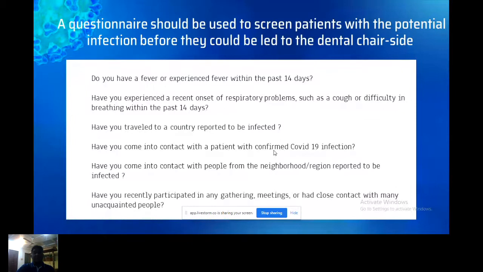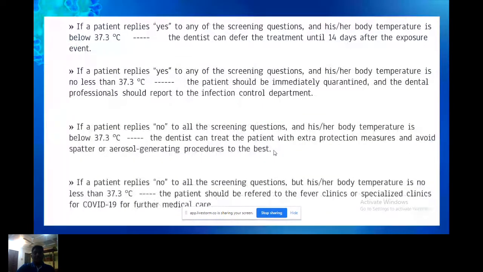This is a questionnaire which should be sent to the patient. You will have this questionnaire in black and white, and you can ask the patient to fill it and send it back, so that it will be important for you as far as the legal points are concerned.